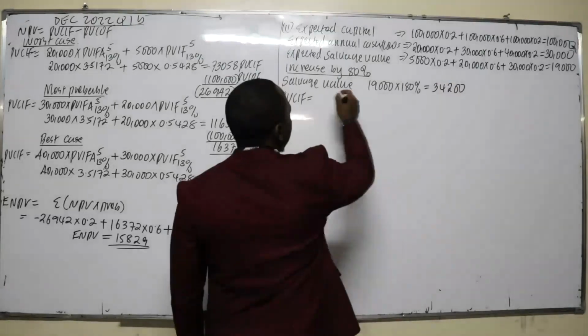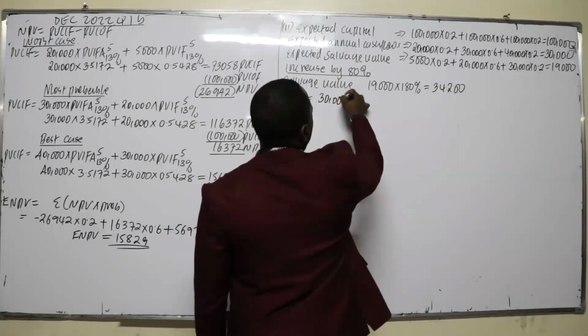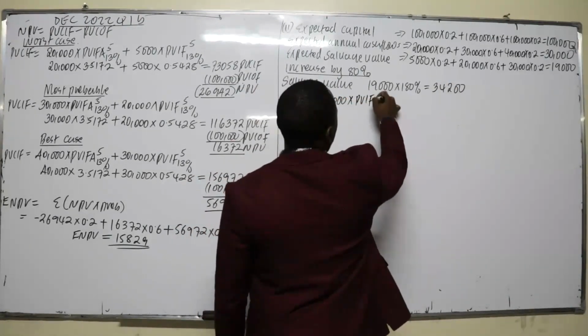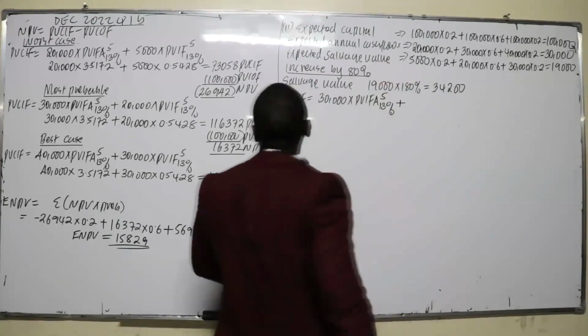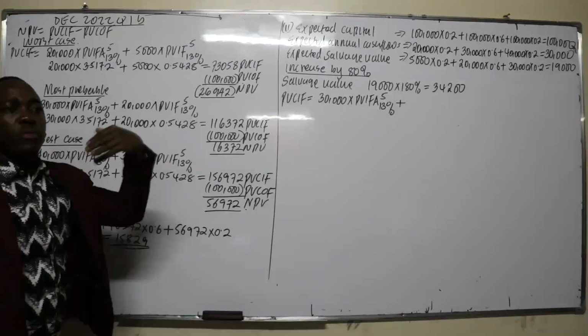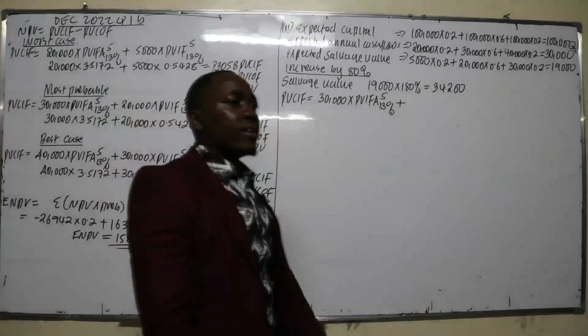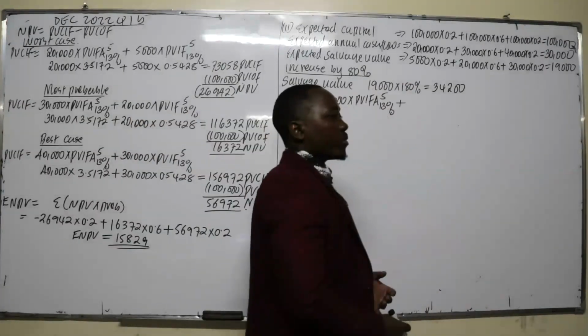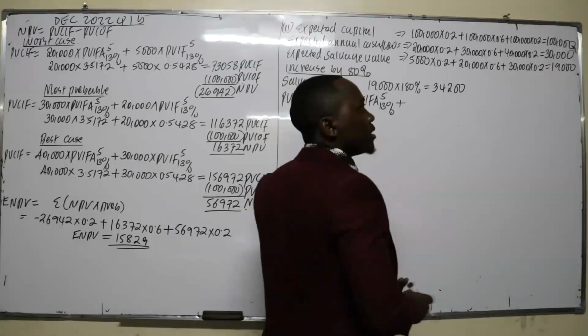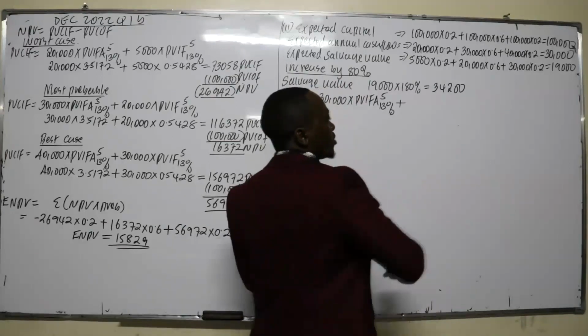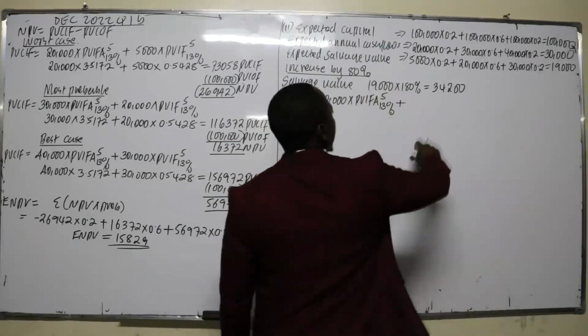It's that, times present value interest factor of an annuity, 13% for 5 years. Then we add the terminal benefit of the salvage value. How much is the salvage value? It's not there, it's here.